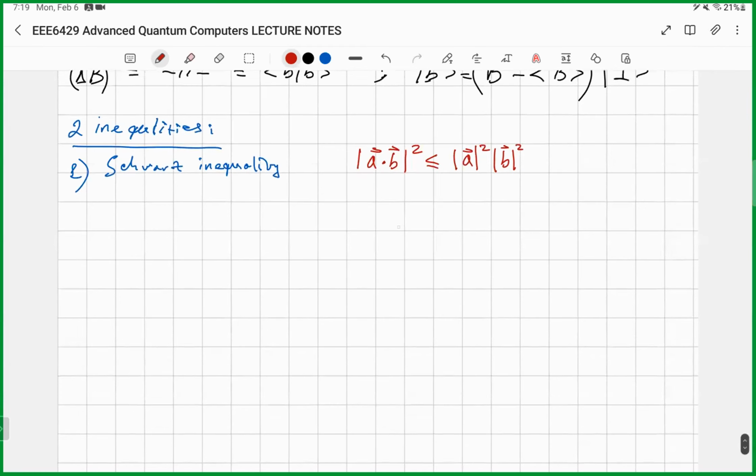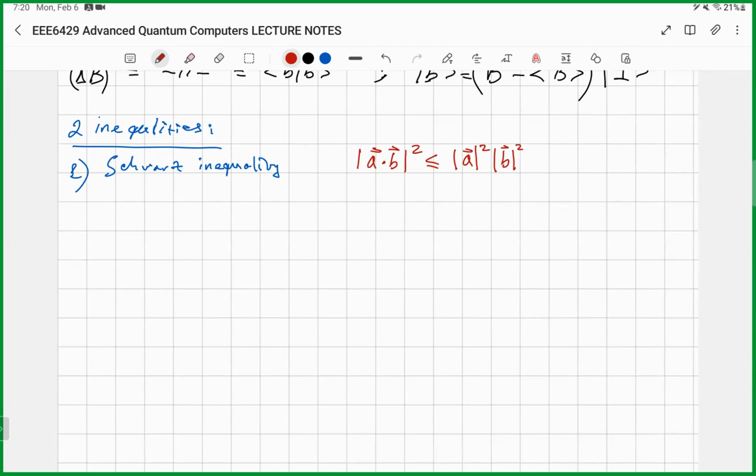Because the inner product is nothing but the projection of one vector on another, and the product of the two lengths is always larger than or equal to the inner product, and they are equal only when the vectors are collinear. In this case, the length and the projection are basically the same thing.